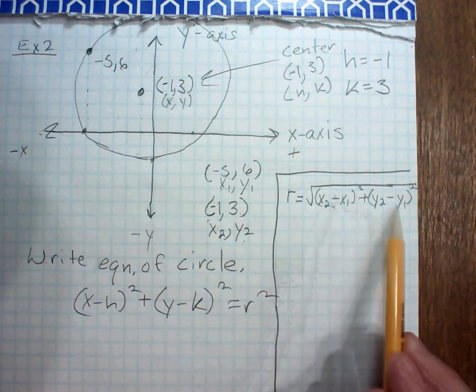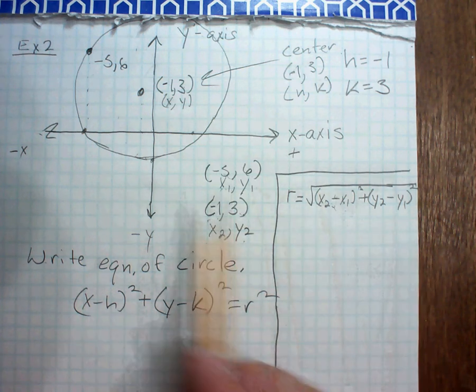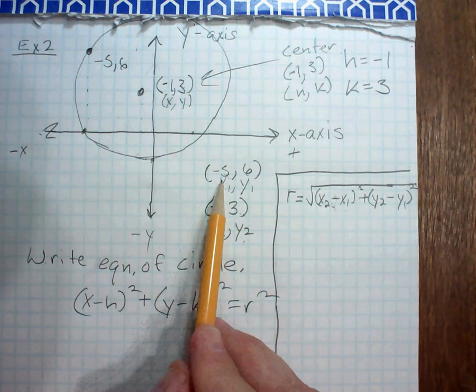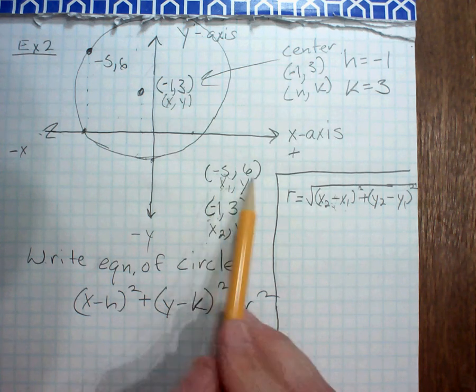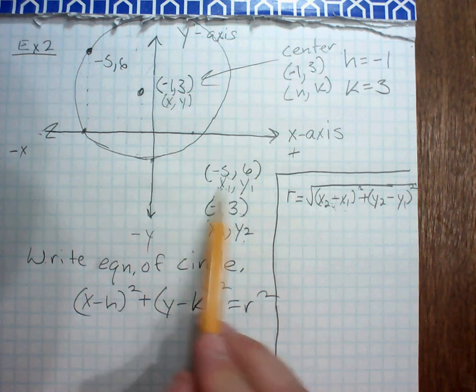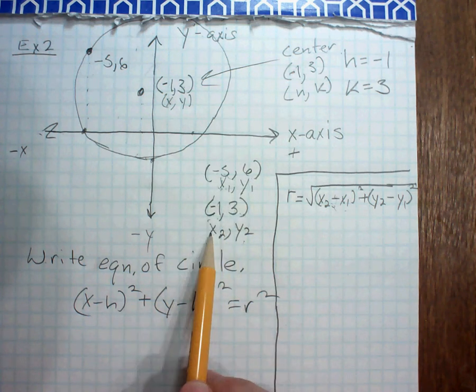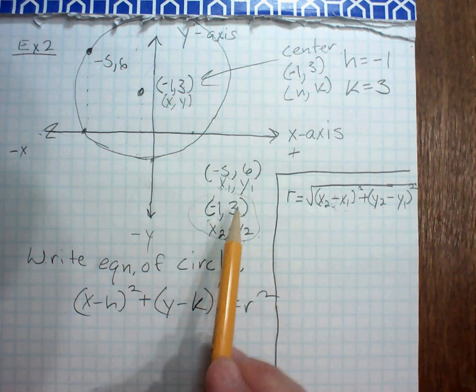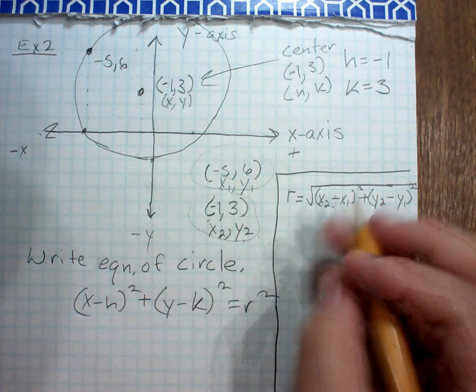And I want to plug it into the formula. Now, it doesn't matter which one is 1s and which one are the 2s, as long as they're from the same group. In other words, I can make this x2, y2, and I can make this x1, y1. Okay? So I'm going to plug that into the formula.